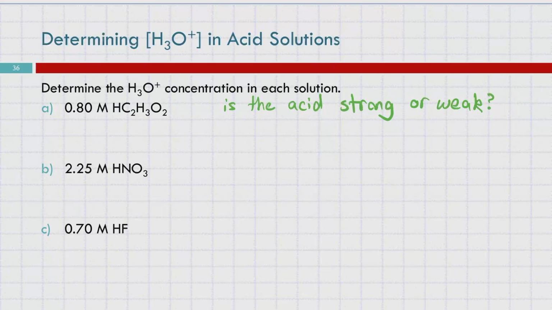HC2H3O2, acetic acid, is that strong or weak? Any ideas? Weak. It is weak. So we've got a weak acid.